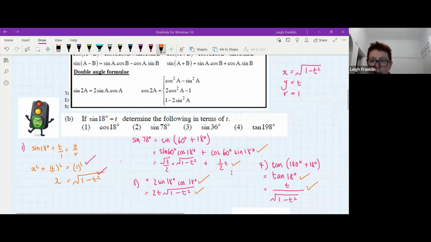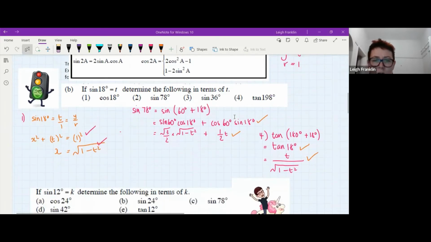Sure, I can explain number 3 again, not a problem. So in number 3, let me just do number 3 again. So sine 36 is the sine of 2 times 18.